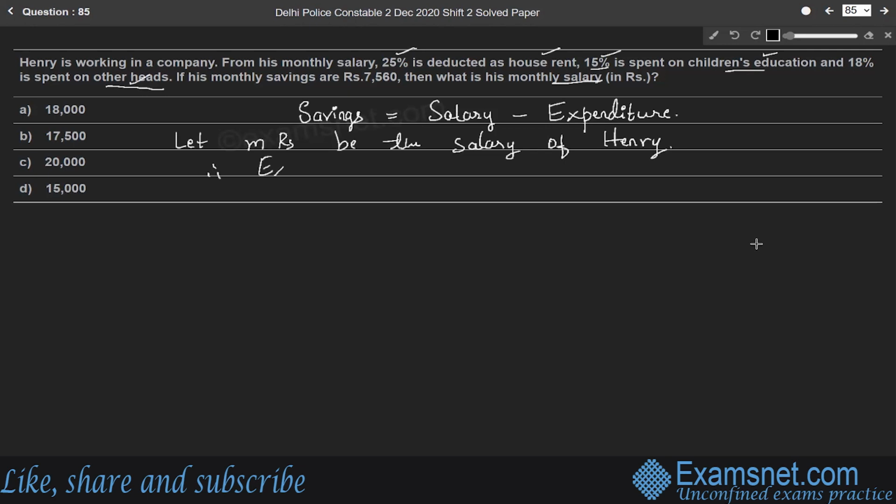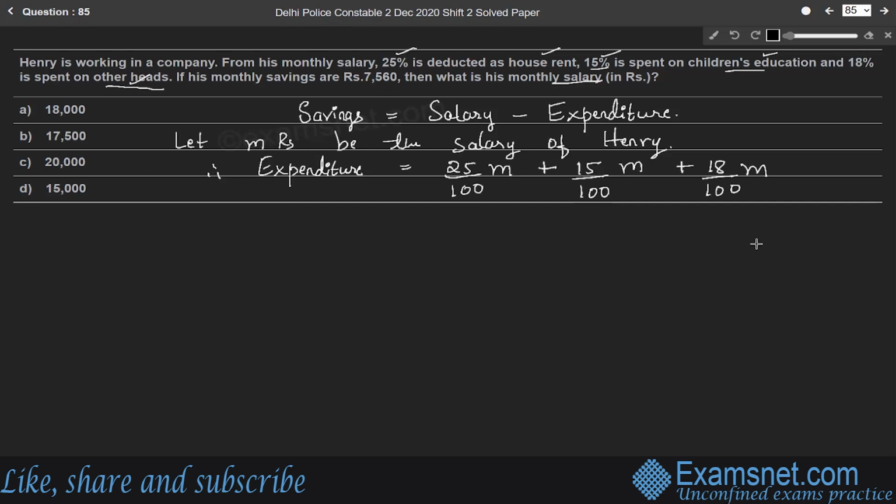Therefore, expenditures are, so here 25 by 100 of 25% of monthly income, 25% of salary for one purpose, that is for house rent, plus 15%, that is 15 by 100 part of the monthly income for education, plus 18%, that is 18 by 100 part of the monthly income, that is m, for other heads.